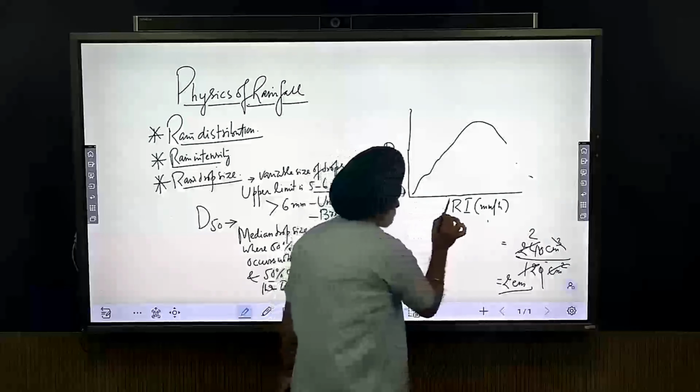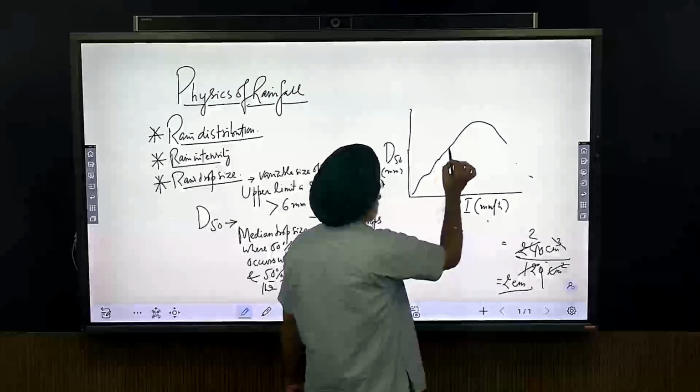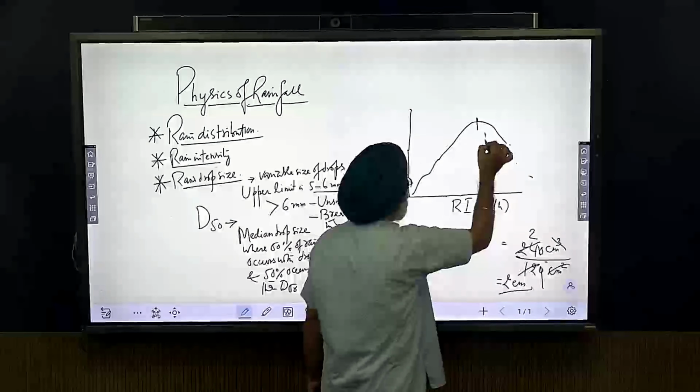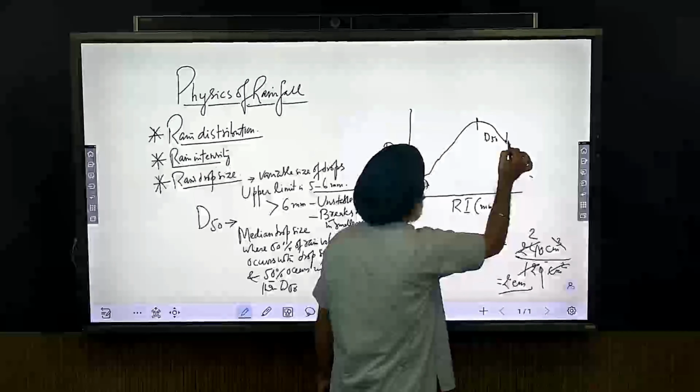As rain intensity increases, D50 increases. But with further increase in rain intensity, D50 decreases.